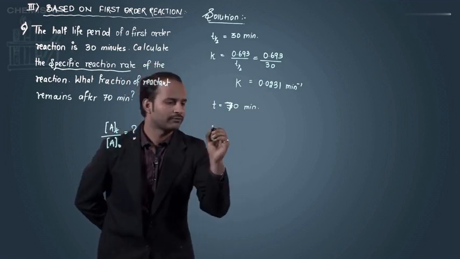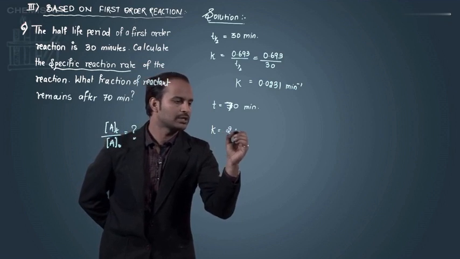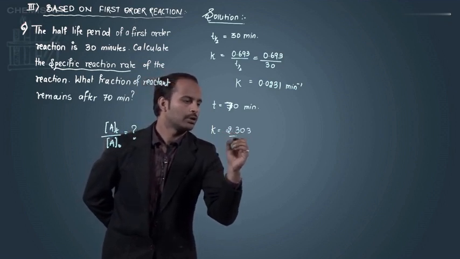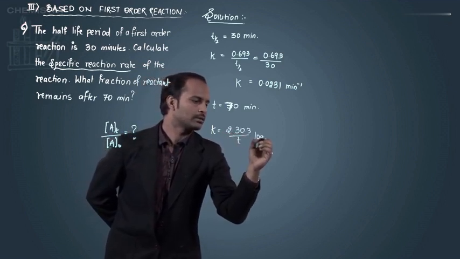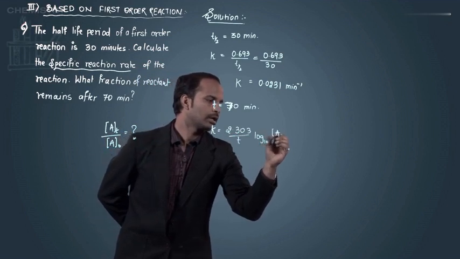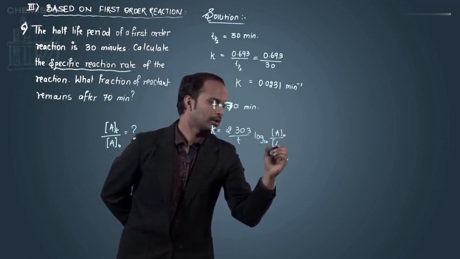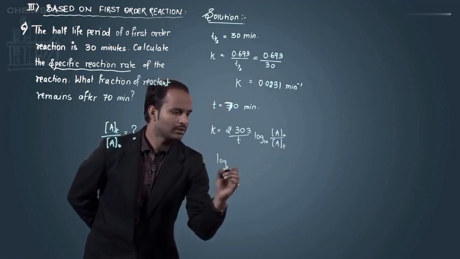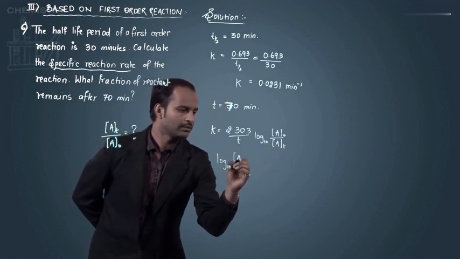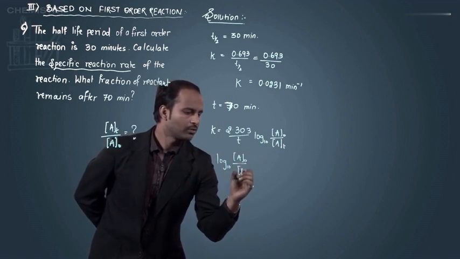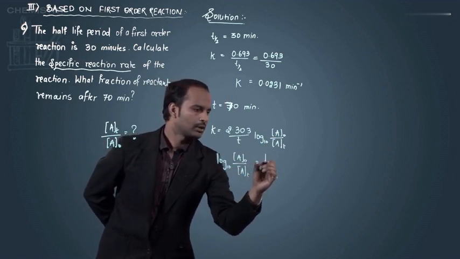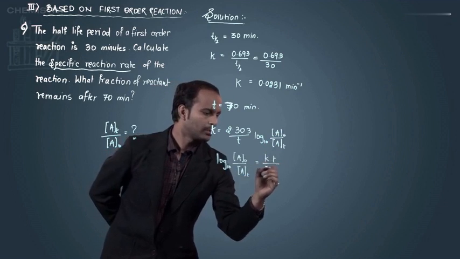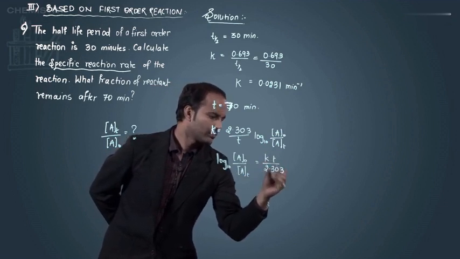So again we will use the same formula. K is equal to 2.303 upon T log to the base 10 A naught upon At. So log to the base 10 A naught upon At will be equal to K into T upon 2.303.